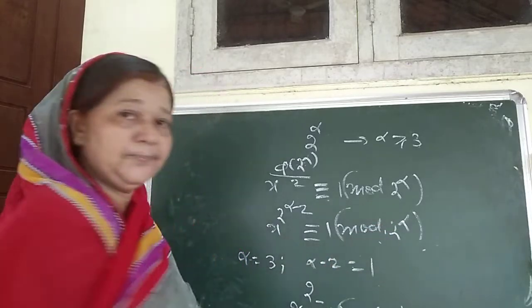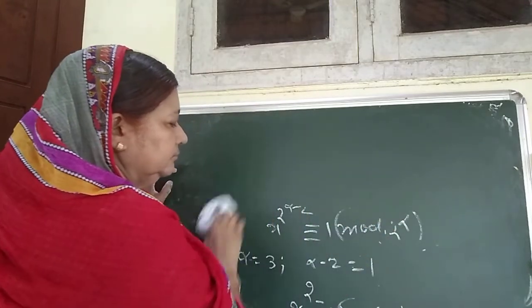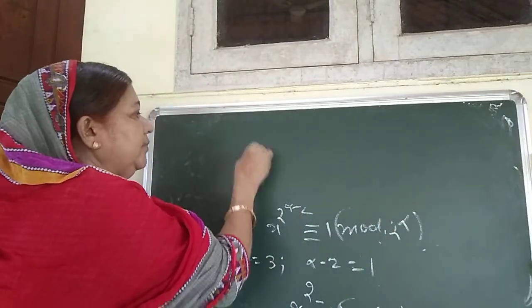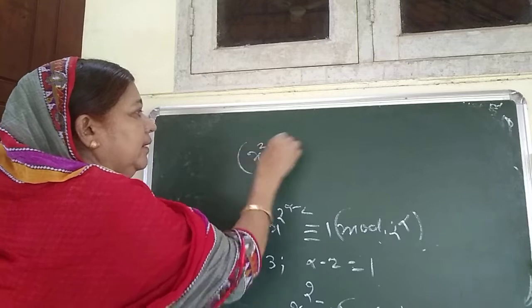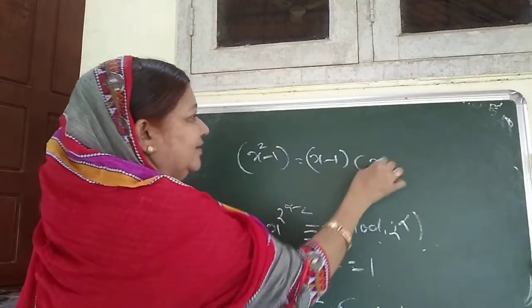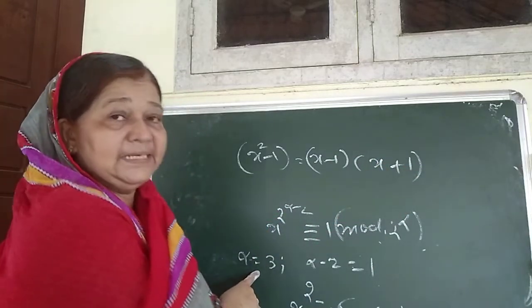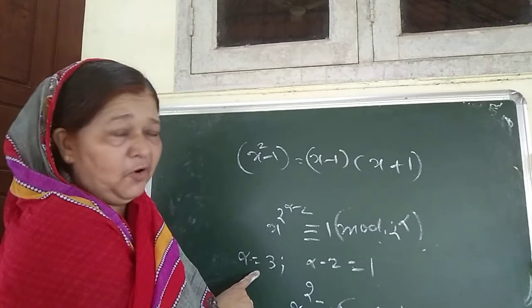You can easily prove, because x square minus 1 equal to x minus 1 into x plus 1. But x is an integer, even integer or odd integer.